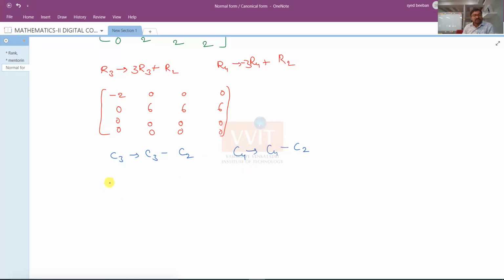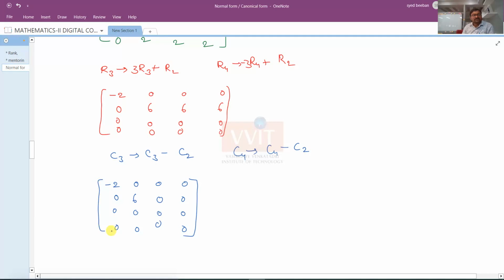So we'll be getting here minus 2, 0, 0, 0, 0, 6, 0, 0. These two we already made 0, now we made this 0. And what may happen here? Since both are 0 minus 0, 0. So I'm left with this finally.